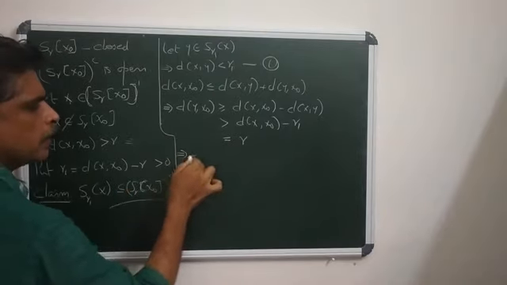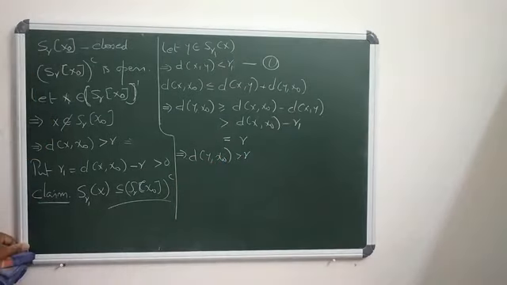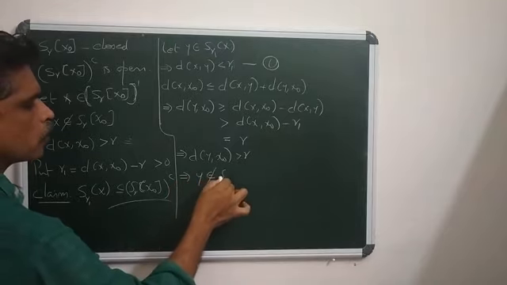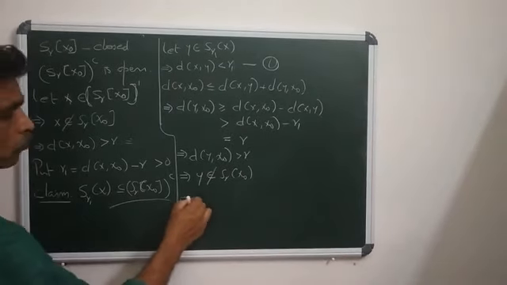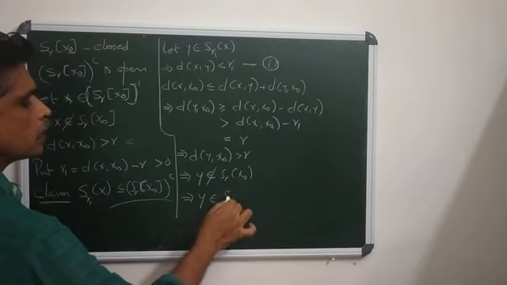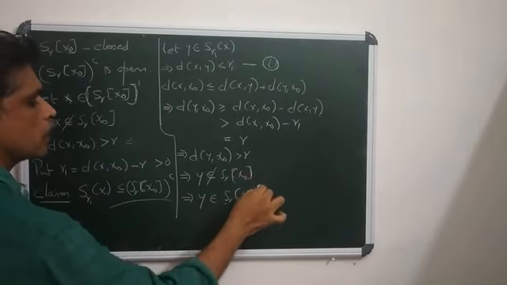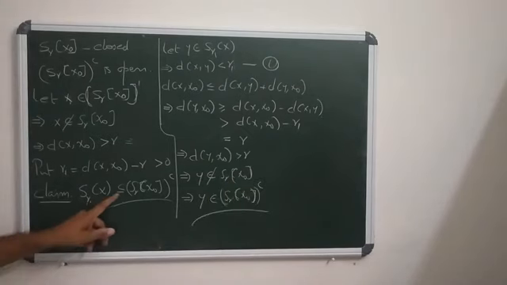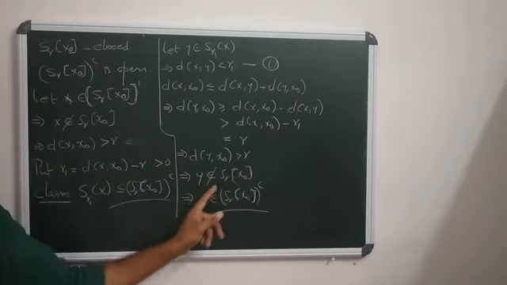That means d(y, x0) is strictly greater than r, which means y is outside of S_r[x0]. So y falls in S_r[x0] complement. That means S_r1(x) is a part of S_r[x0] complement. So this claim is justified.